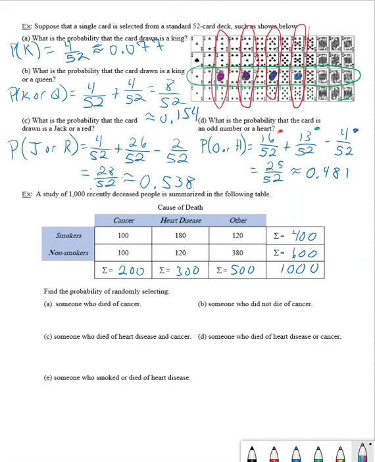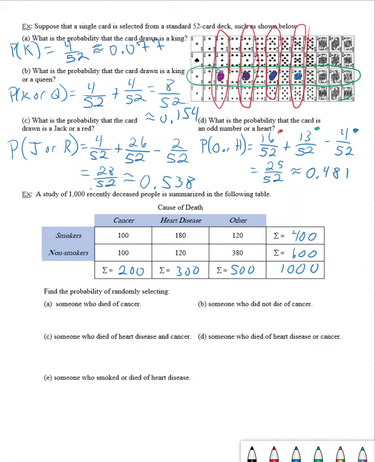Awesome. So now that we have this idea of whole probabilities, extending them into card values, or finding probabilities using card values, we now want to switch gears just a little bit and start finding probabilities using tables. So in this example, a study of 1,000 recently deceased people is summarized in the following table.